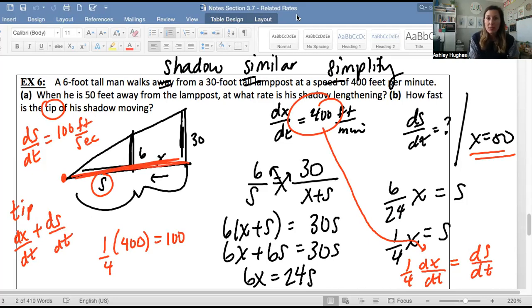So tip looks like a plus, right? You have that t, and the t looks like a plus. Add them together. So that is going to be 100 plus 400, so 500 feet per minute.